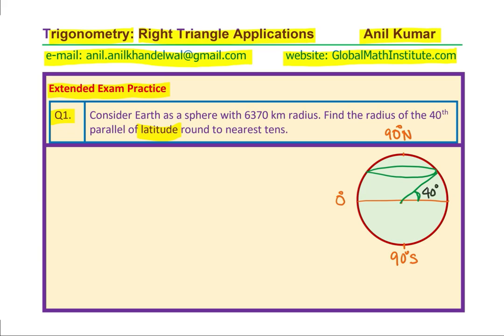And what do we need to find? We need to find the radius, this length, r. I hope the concept is now absolutely clear. Now it becomes quite simple to solve the triangle and get the answer. I'd like you to pause the video at this stage and answer the question.